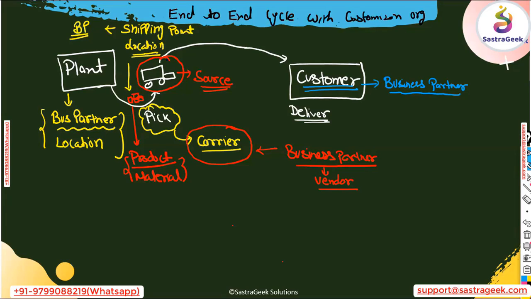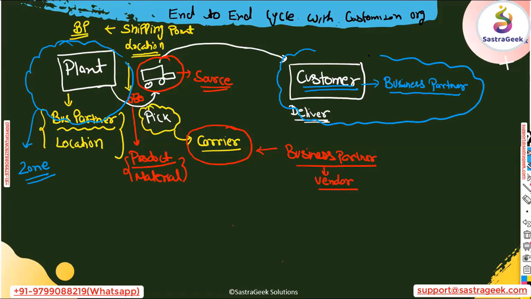So here, for this location, you would be creating a zone. So that is another set of data which we need to create. We need to create a zone. That zone is also a TM specific data.